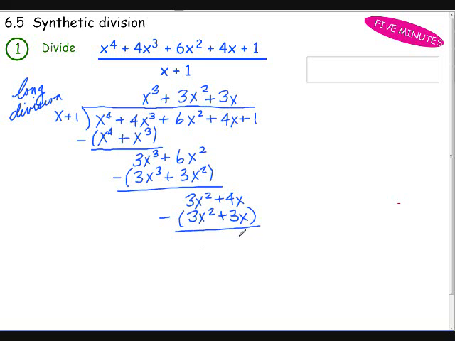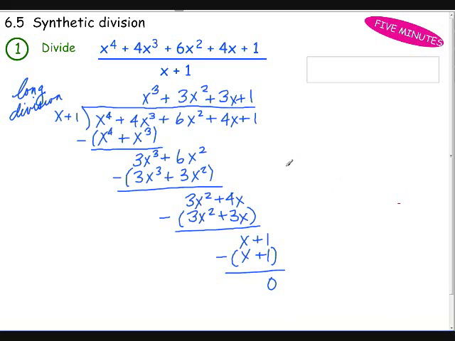Now this will be 0, and this will be just plain old x, 1x. I bring down my next and final term, and I see that this will work with 1. So I'll have x plus 1, which I'm going to subtract, leaving me with a remainder of 0. So that happened to divide in evenly, a remainder of 0.